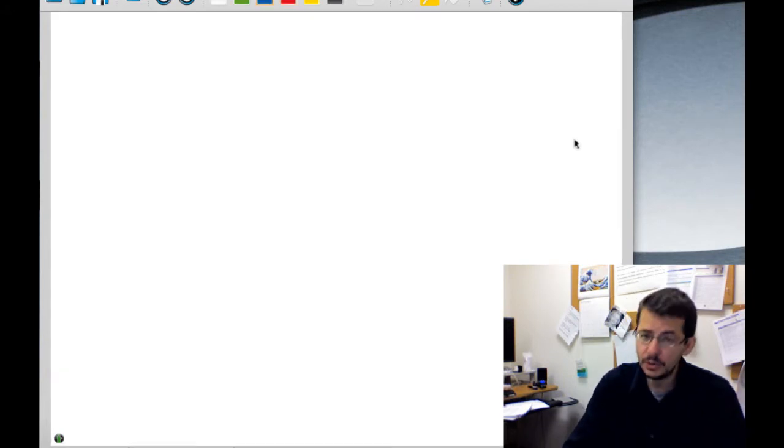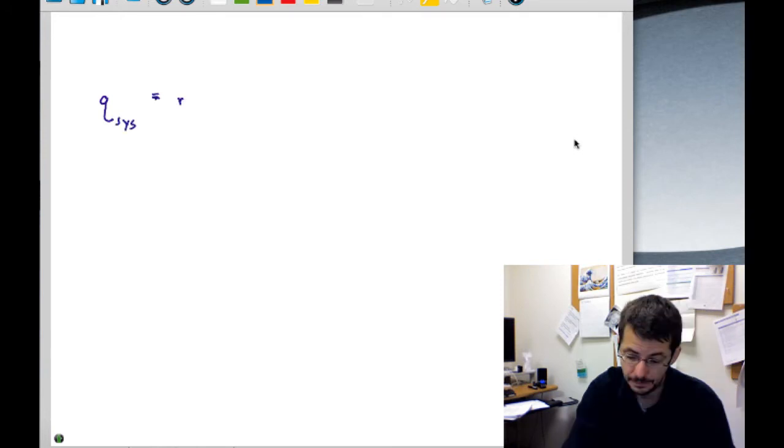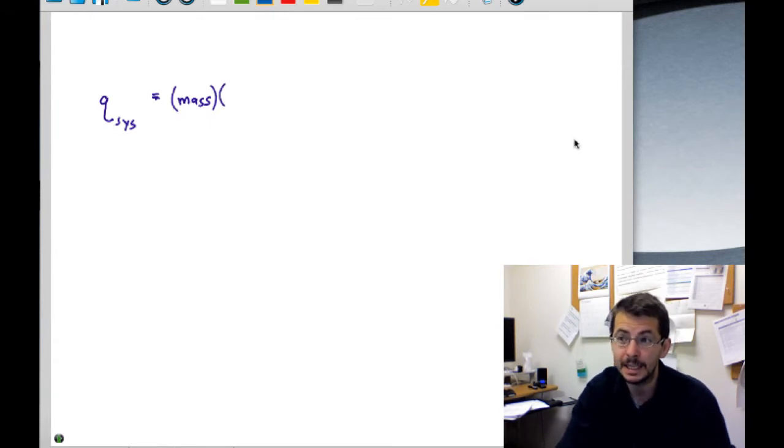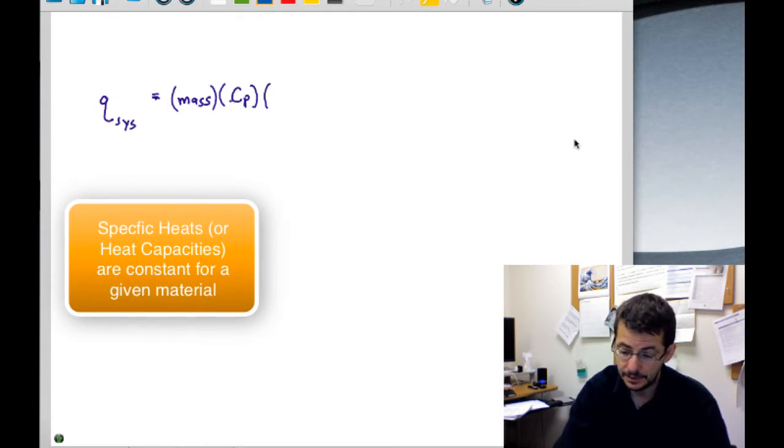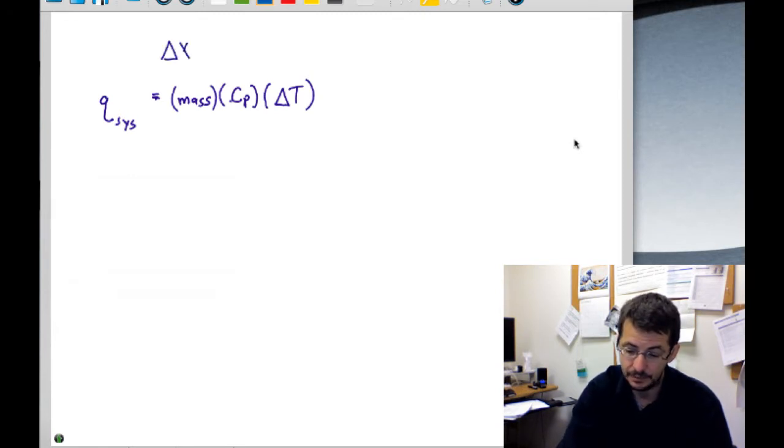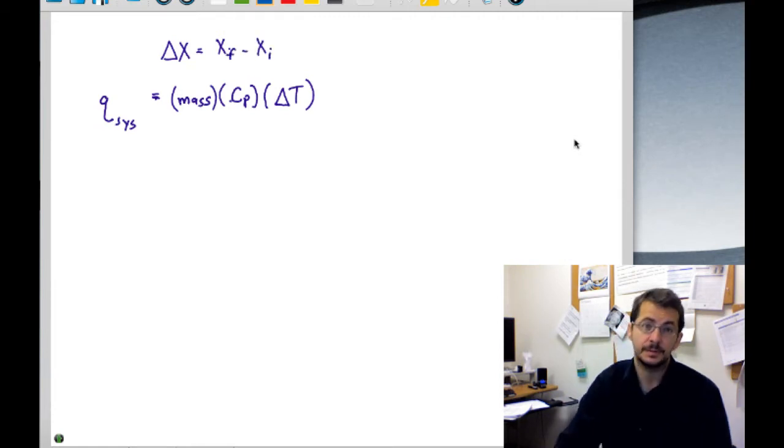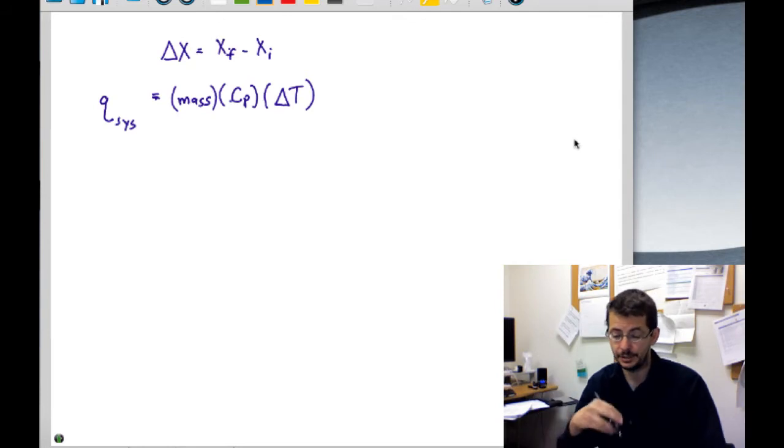So just focusing on Q, the heat, the amount of heat available depends on the mass of material times the heat capacity, a quantity that relates how sensitive a material's temperature changes to added heat, usually given the symbol C or CP or S, depending on how you look at it, but it's a constant, and the temperature change of the system. And again, delta, whatever it is, is usually equal to X final minus X initial. So it's always final minus initial.